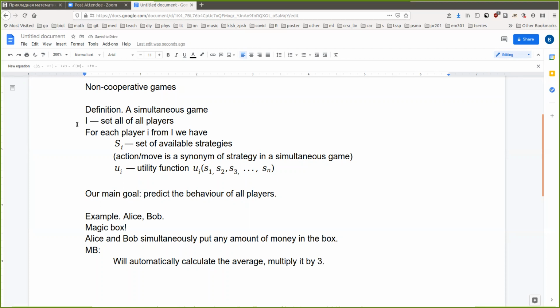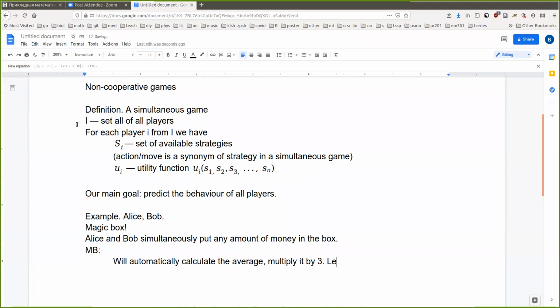Okay, it will automatically calculate the average, multiply it by 3, and distribute this sum to Alice and this sum to Bob. So it will calculate the average multiplied by 3.